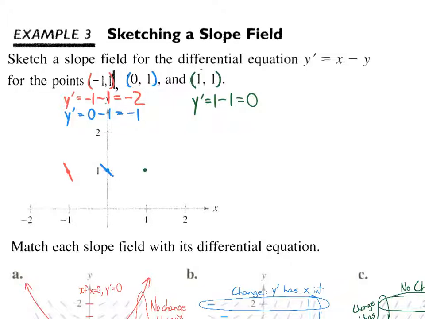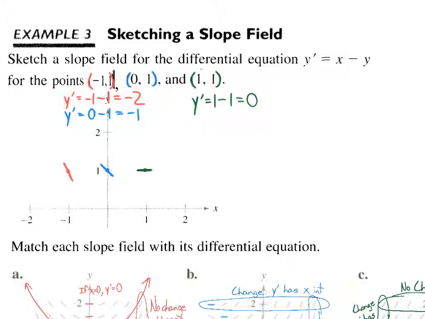If I had multiple points that all had a slope of -1, as long as those were all about the same, and they were less steep than the -2 ones were, you'll be able to see what you need to see. Okay? And like here, at the point 1, 1, it's 0. So we just put a little horizontal thing there. Okay? But why do we do that?